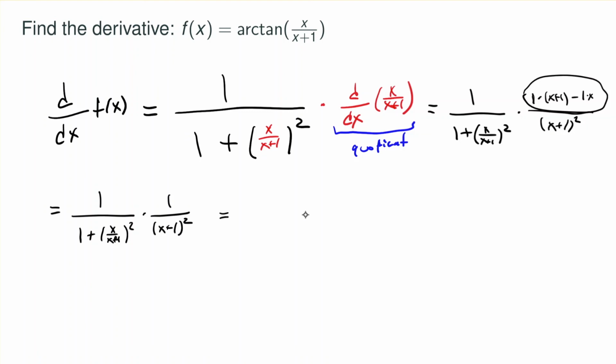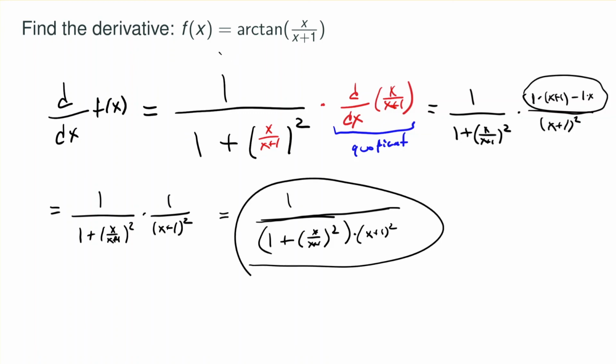So derivative is just that. We can write it in one fraction. Let me do it this way. This entire thing multiplied by x plus 1 square, like this. So this right here is the derivative of this function. So we have to apply chain rule and quotient rule here.